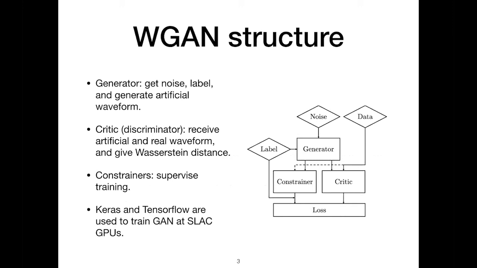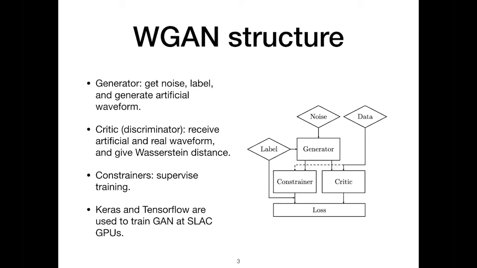We have the generator and the discriminator here as in a typical GAN structure, but with an additional part called the constrainer. This part is trained to supervise the result, and it also makes a contribution to the loss function.